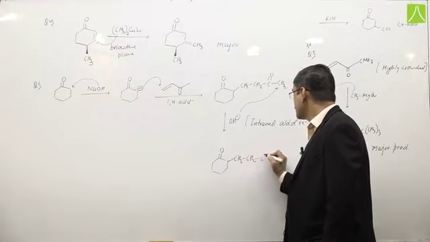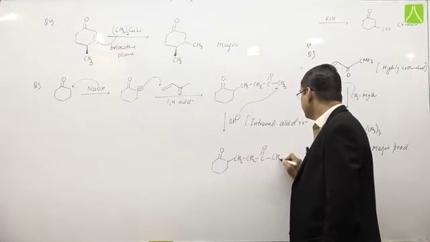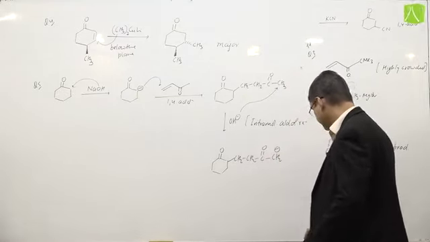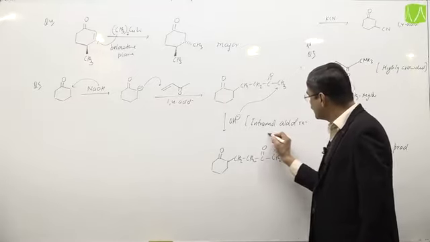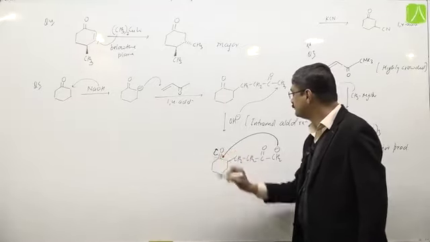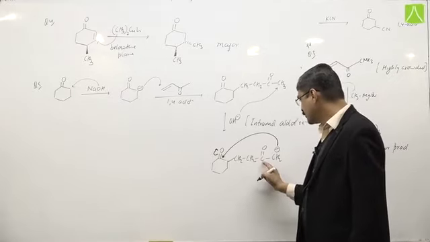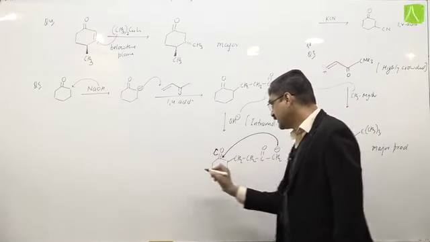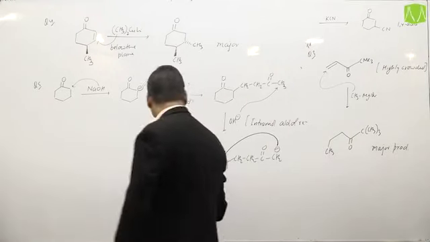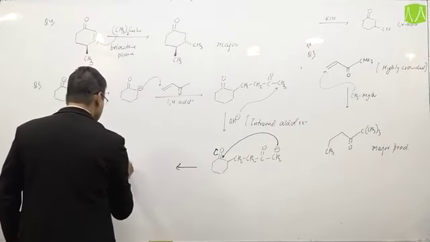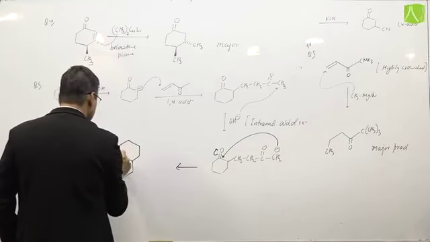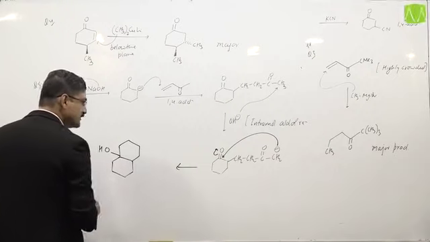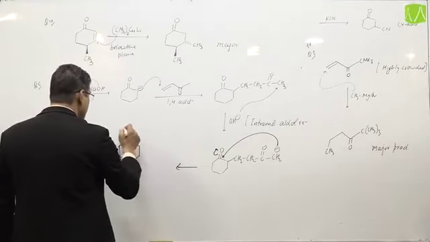CH2, CH2, CO, CH2 minus. This nucleophile give addition to C double bond O, 1, 2, 3, 4, 5, 6. 6-membered ring is formed by intramolecular aldol reaction. So OH group is here. Now double bond is here.